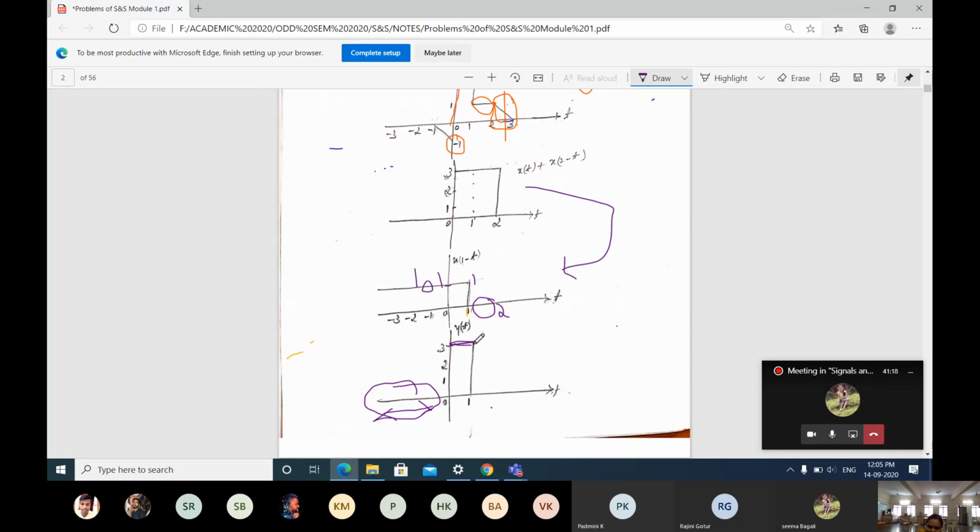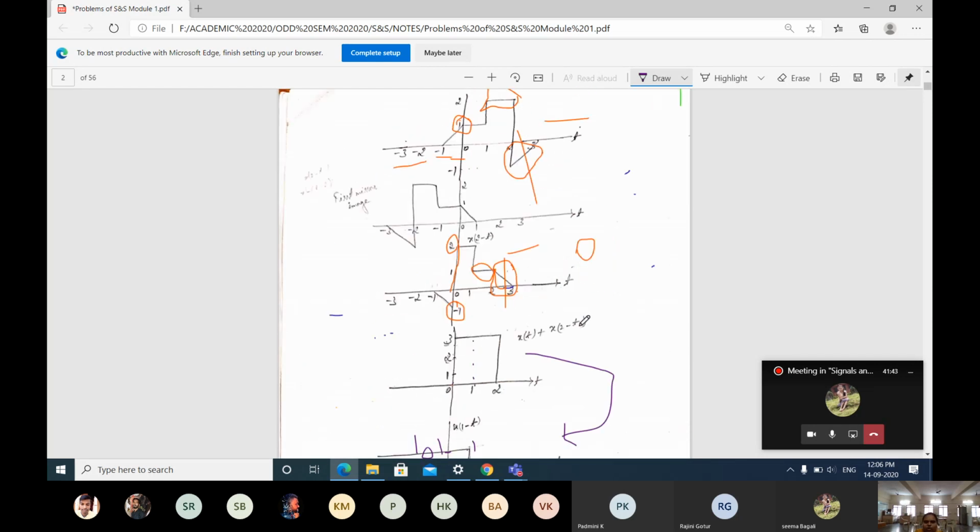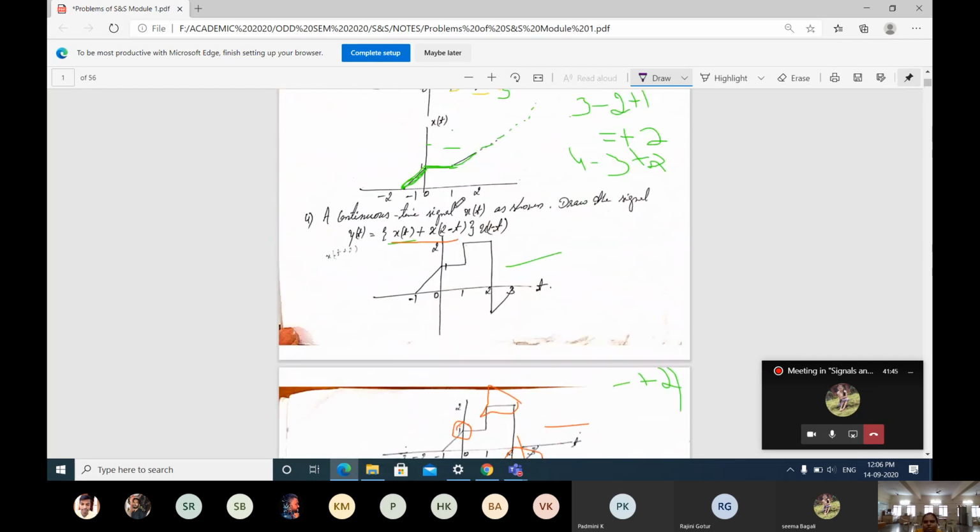For that reason it drops at one position, and next it is going to be a 0 value. We don't have any signal further. So you will be getting y of t from 0 to 2 position with the amplitude as 3 only. This is how you have to do the operation when a problem is given.